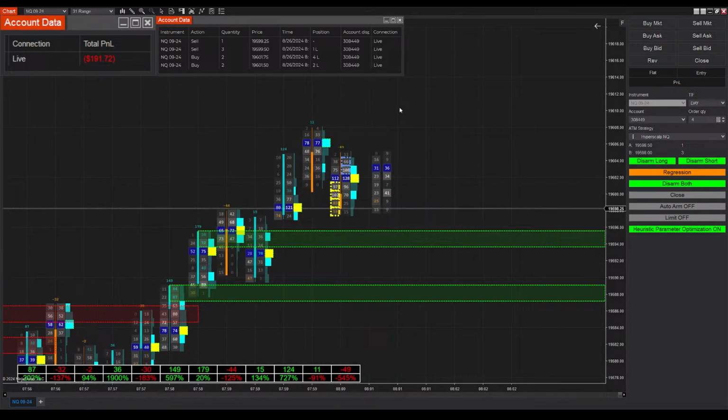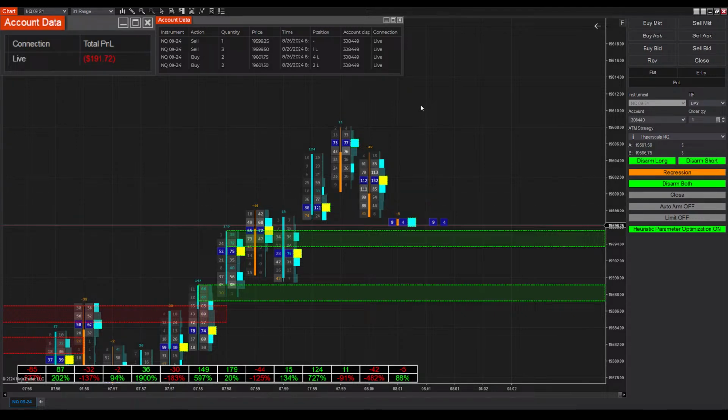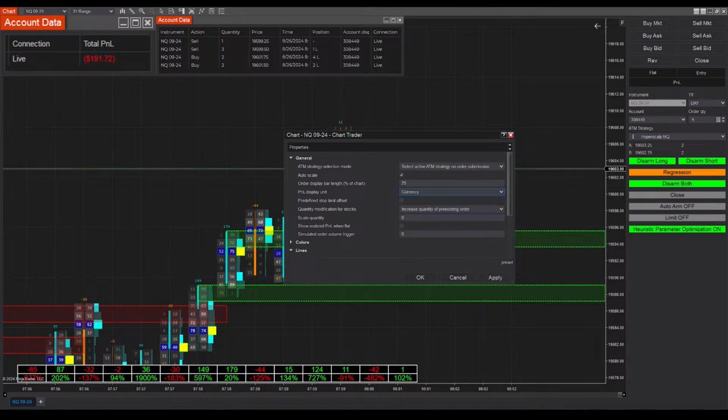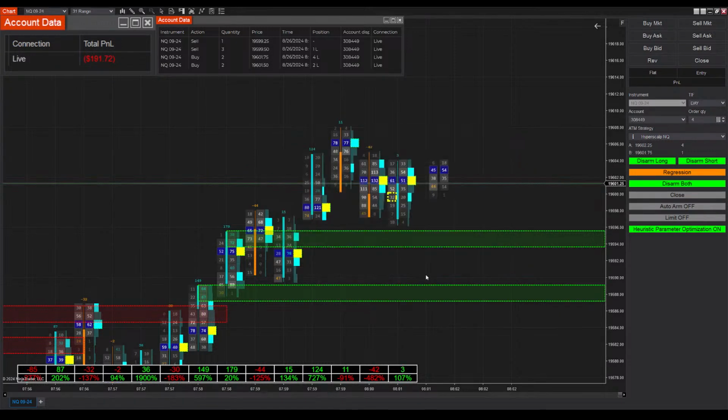Unfortunately there, we ended up losing that trade. Let's swap to currency and show our P&L when flat.